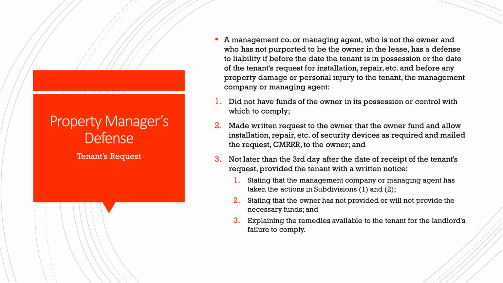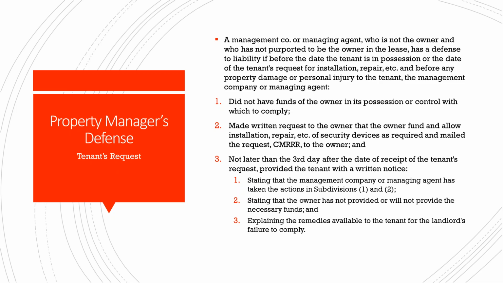Second, the management company or managing agent made written requests to the owner that the owner fund and allow the installation or repair of security devices as required, and in fact mailed that request, certified mail return receipt requested, to the owner.